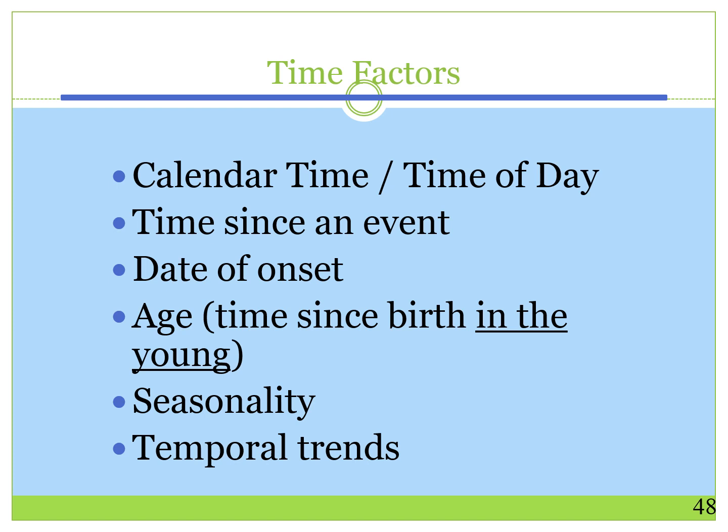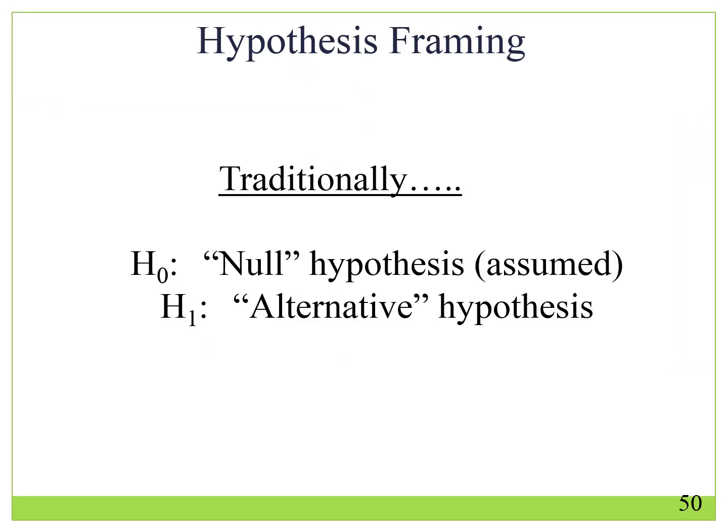Time factor: calendar time, time since an event, date of onset, age, seasonality, and also temporal trends. So, hypothesis framing here. Traditionally H null is what we assume, and H1 is the alternative hypothesis.